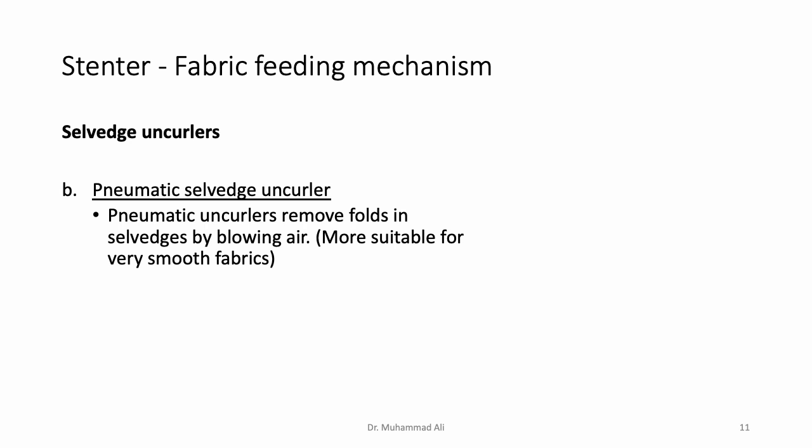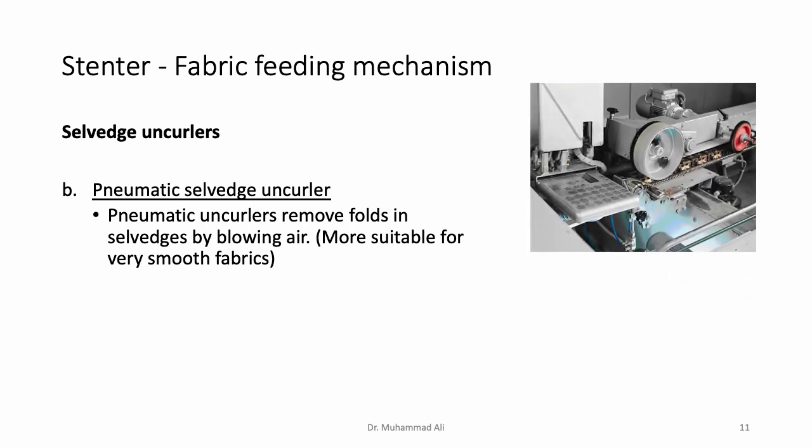This type of selvage uncurler is usually considered more suitable for very smooth fabrics, because a very smooth fabric will have a tendency to slip through the spindles of a mechanical salvage uncurler, and in that case the spindles of a mechanical salvage uncurler might not be able to remove the creases or folds in the salvages just because the fabric is too slippery or too smooth. That's where we use a pneumatic selvage uncurler.